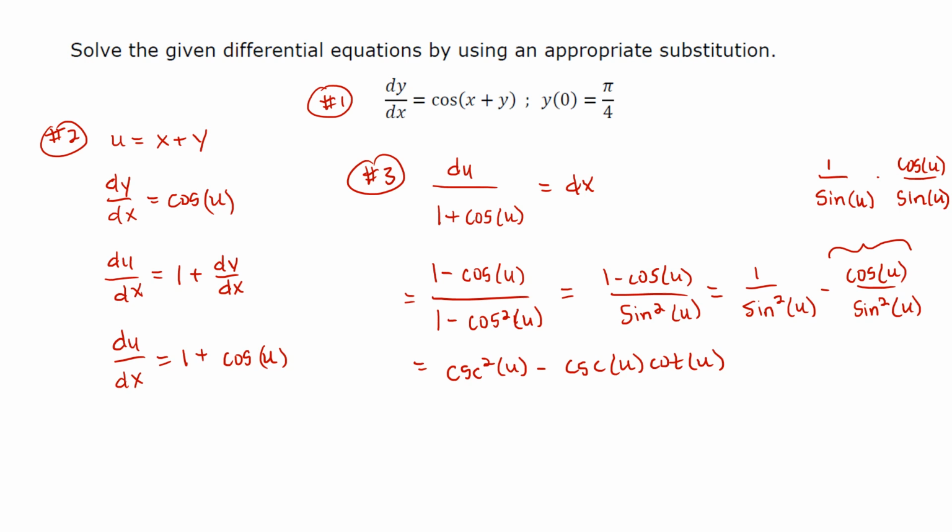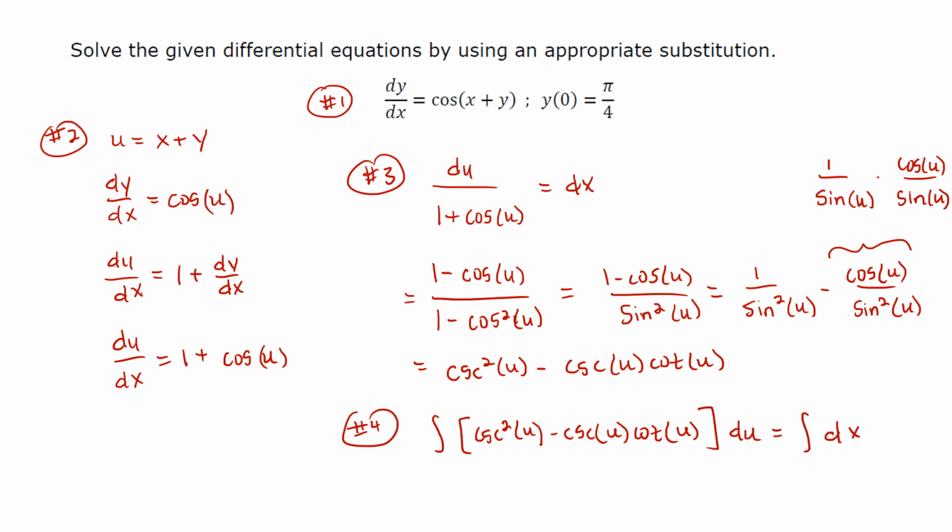For step number 4, we'll take the integral of cosecant squared u minus cosecant u cotangent u du equals the integral of dx.